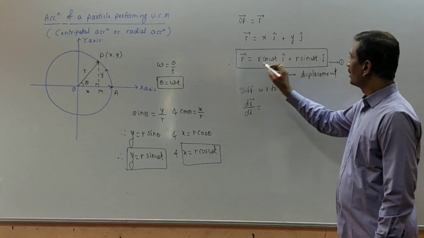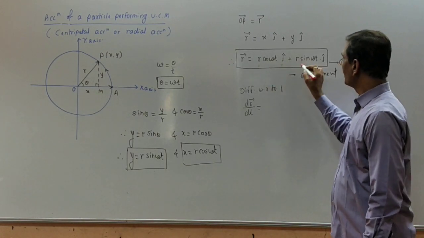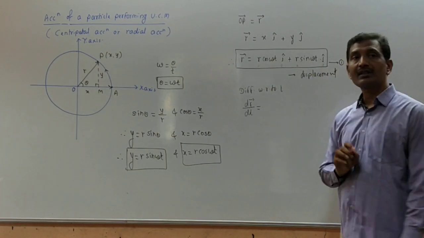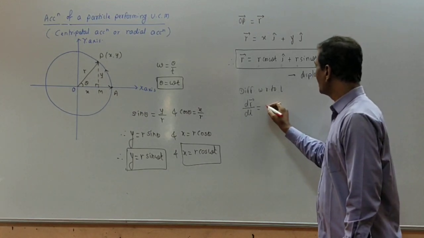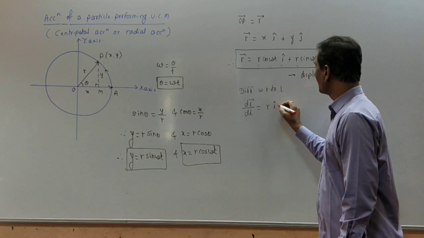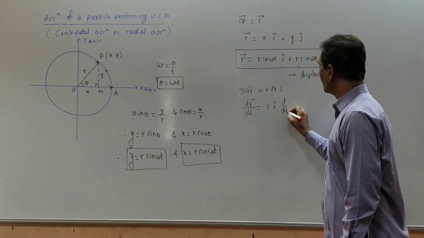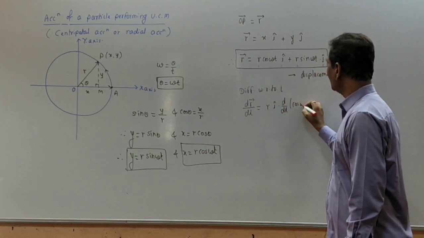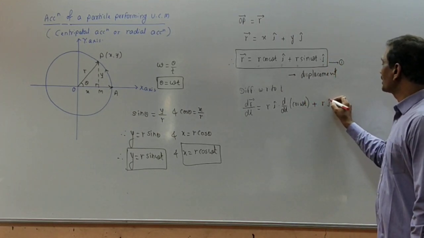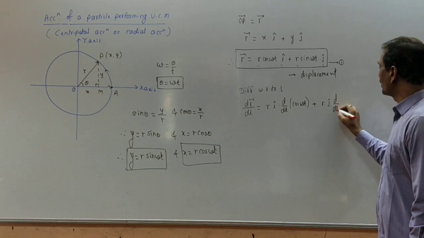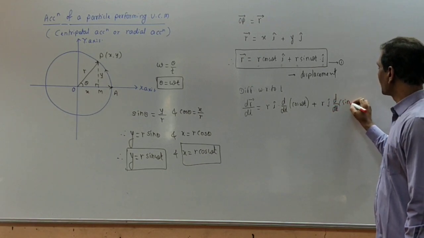Now here r and i cap, and here r and j cap, are constants. So take them outside the derivative. We get r i cap into the derivative of cos omega t with respect to t plus r j cap into the derivative of sin omega t.